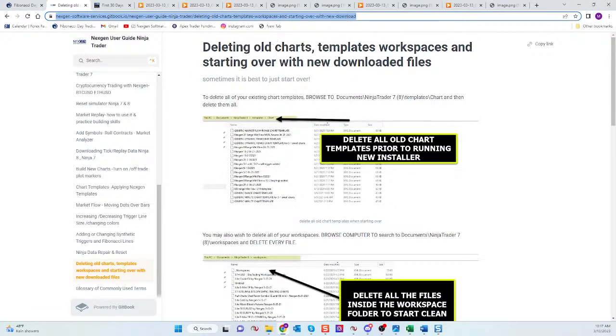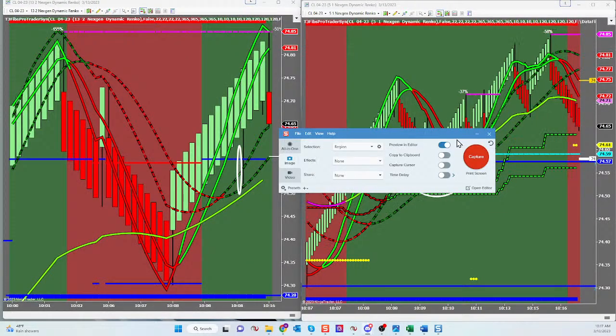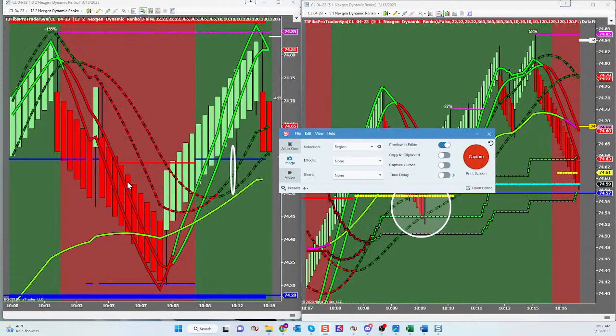You can either get rid of everything, rerun your installers, make sure that the workspaces are there, that they're brand new, that they're good, or you can build charts. But without seeing what you're doing, it's tough for me a little bit there.